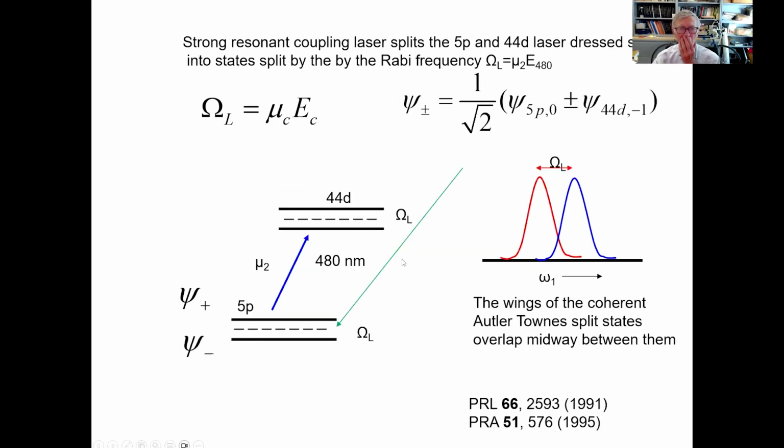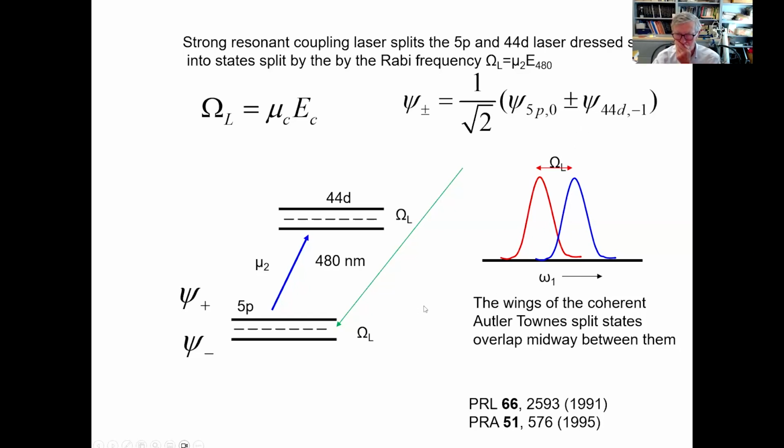Okay, so adding the 480 nanometer laser splits the 5P and 44D states, shown by these dotted lines, into this pair of Rabi or Autler-Townes split levels, psi plus and psi minus. So psi plus and psi minus are given by these expressions, which are exactly the same thing as what we wrote down earlier.